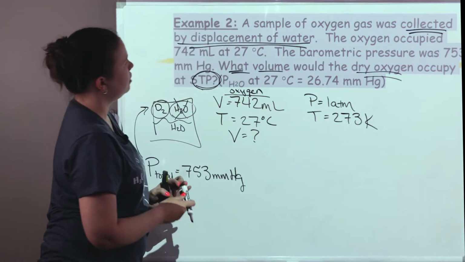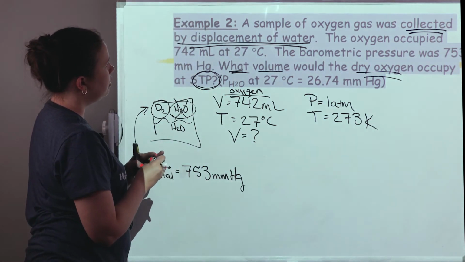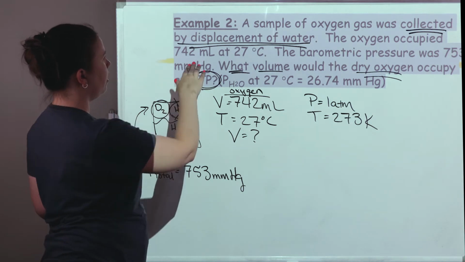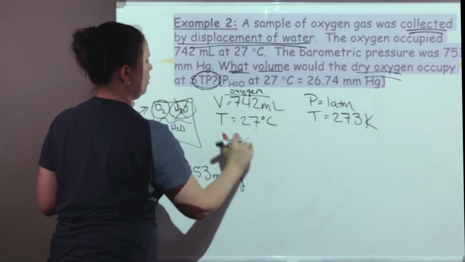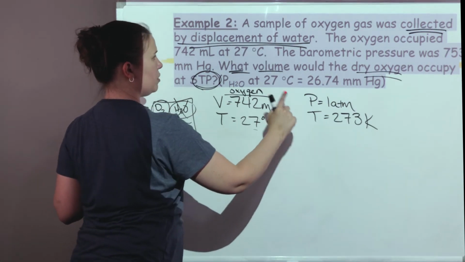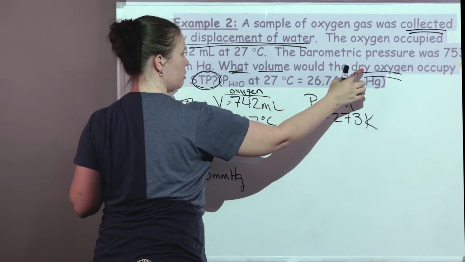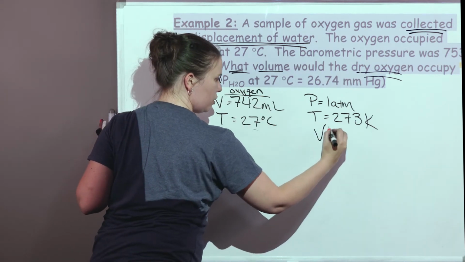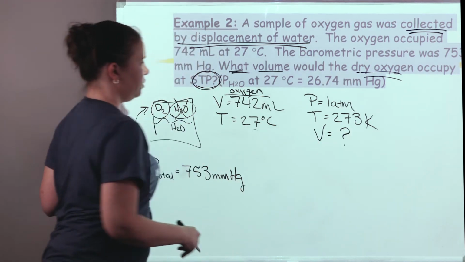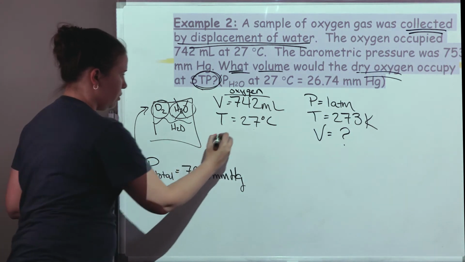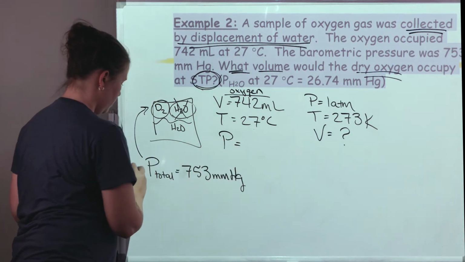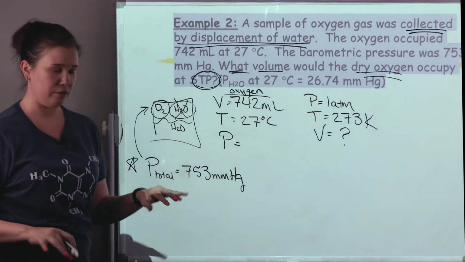As a sample was collected, the oxygen occupied, it looks like I missed. We've got the volume given here. The question is asking what volume it would occupy at STP. The V question mark actually goes with this set. Sorry if that confused you. And the pressure that I'm missing here is this problem. So just to clarify, sorry about that.